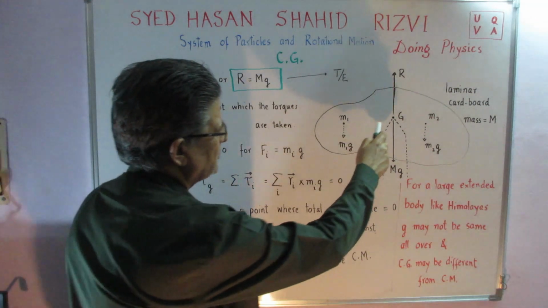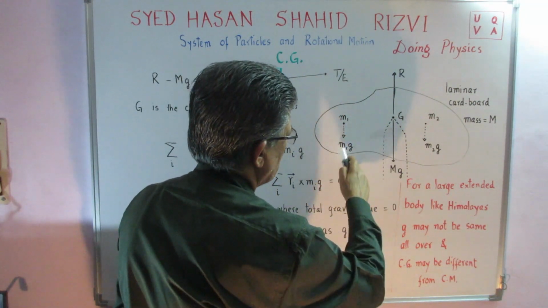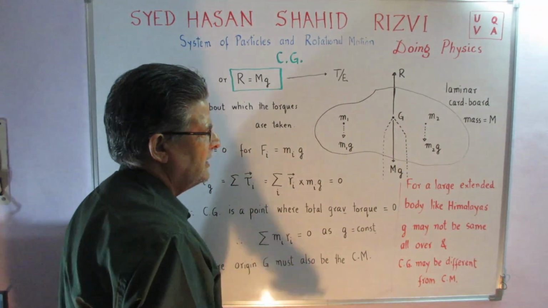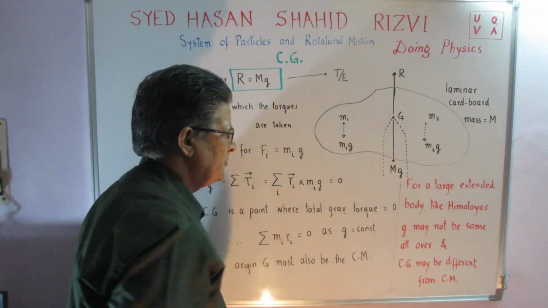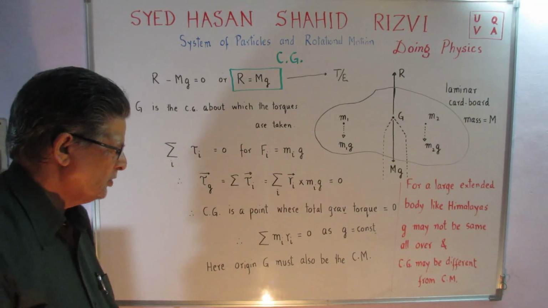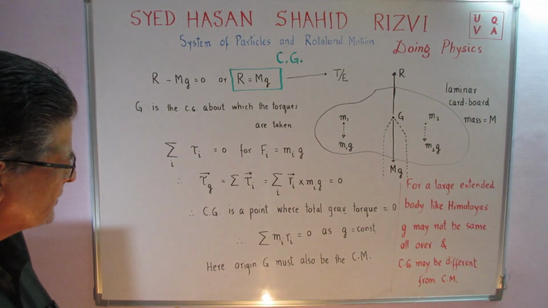If I take the torque, then it is m1g into this distance from here to here, m2g and the distance from there to there. That is how we are going to calculate the torques.